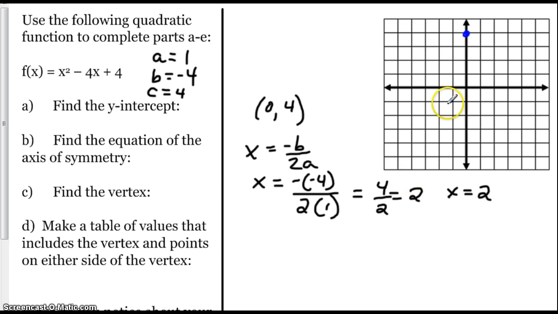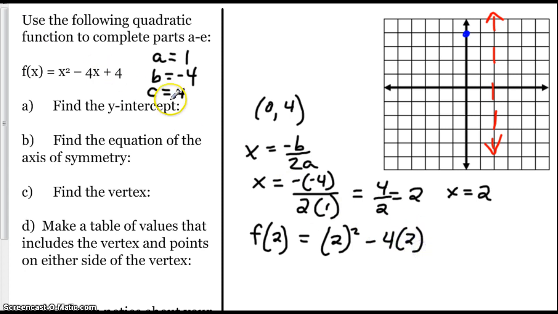So we can graph that. Our axis of symmetry, we know that our vertex is somewhere on this line. Our x value of our vertex is 2, and we can take that and substitute into our equation to find our y value. So our f of 2 would be 2 squared, and then -4 times 2, then +4.